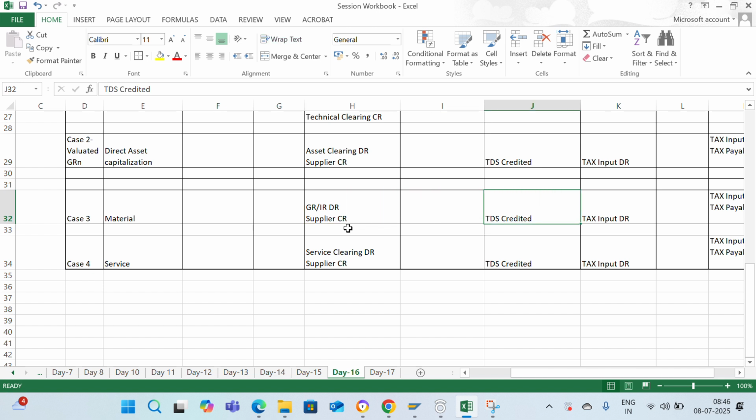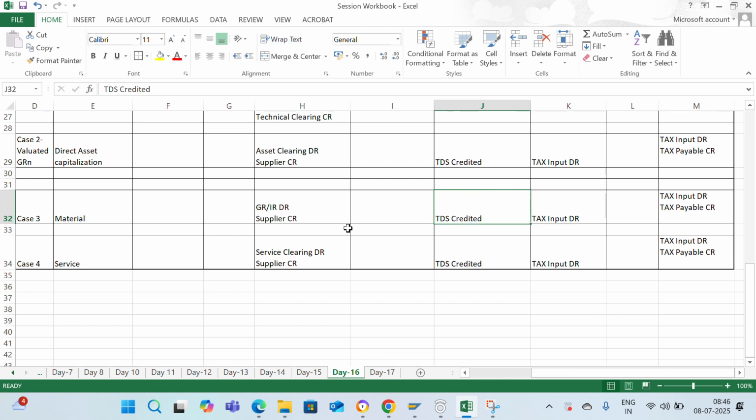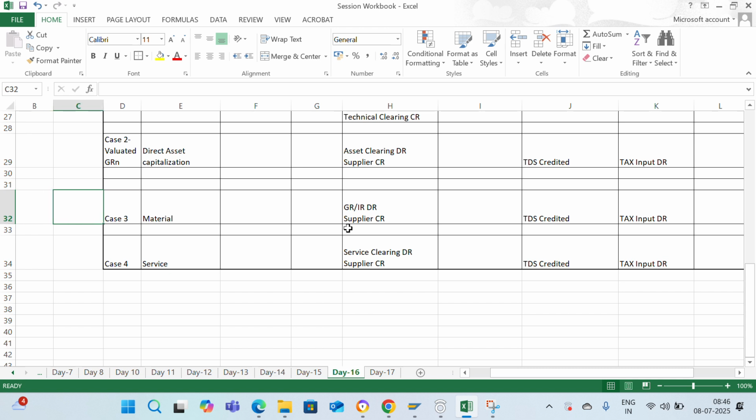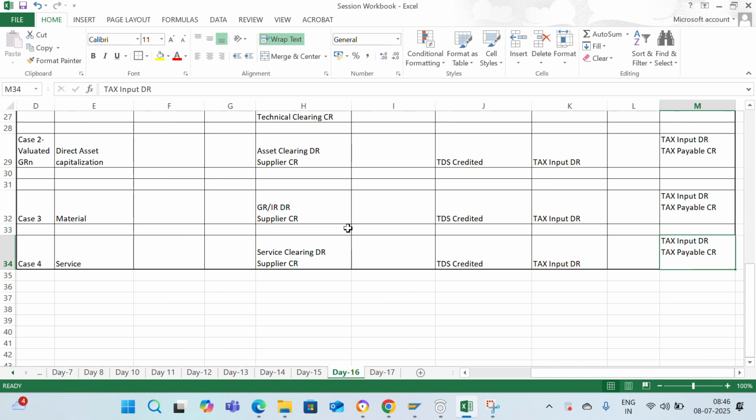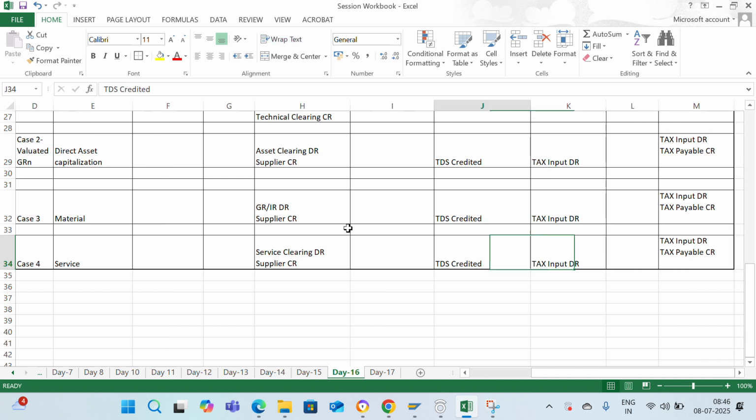For the TDS and VAT or GST or any other indirect tax, the concept is same. Input tax is debited, TDS is credited, output tax is credited in case of RCM. Again, for the service, there is no change in the accounting entry, that the service clearing account that was credited during GRN is debited here and supplier is credited. For the TDS and input tax, the impact is same.